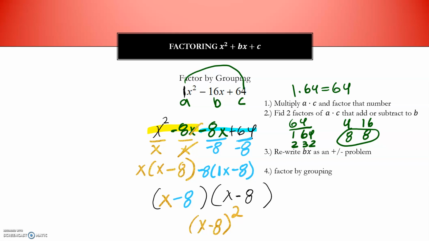Either one of these two formats is correct. Now, obviously, if they are different, you couldn't do that second part. You would just say something like x plus 1 times x minus 2, for example.